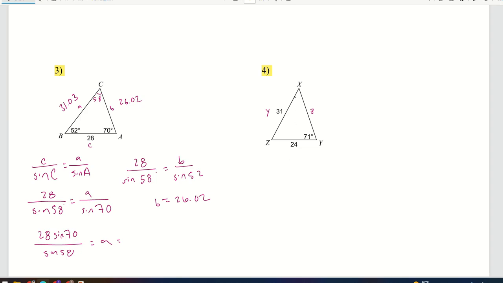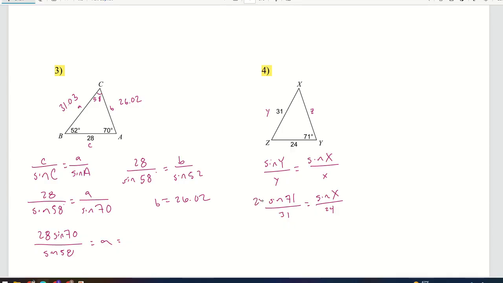So little y, since I'm looking for the angle, let's just flip it so the angles are up top. So we'll do sine of big Y over little y equals sine of big X over little x. So that'll be sine of 71 over 31 equals sine of x over 24.